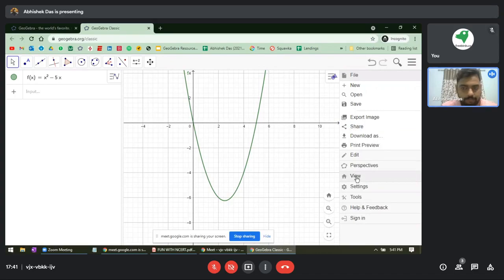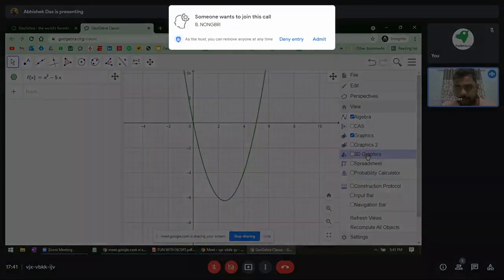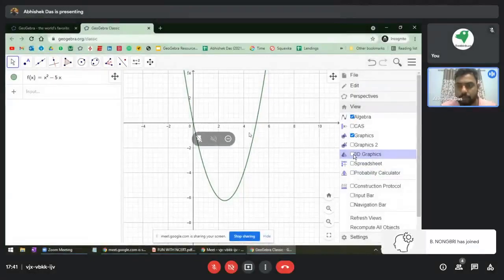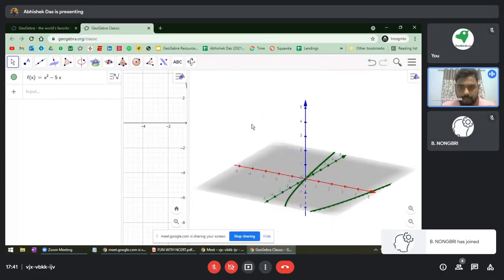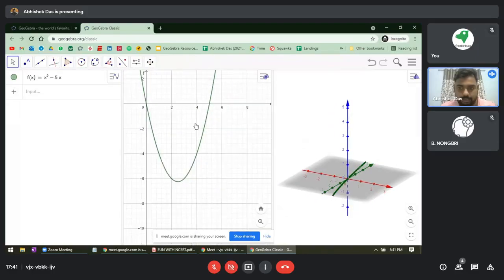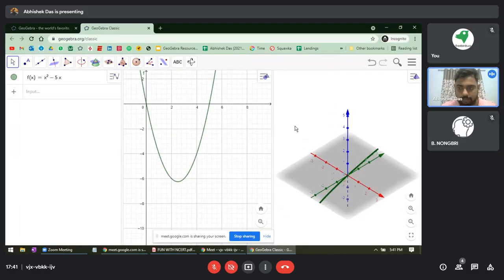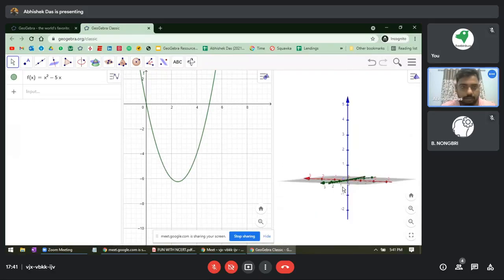You can see the view button out here. In this view button, you can see the 3D graphics, the spreadsheet, the probability calculator. Let's open up 3D graphics. And over here, what you can see is the parabola on the 2D plane, and over here it's on the 3D now.